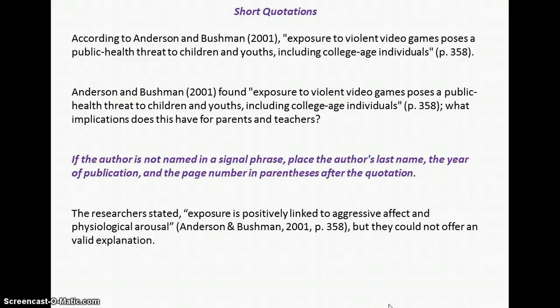Okay, short quotations. The first way we use sources in our essays is in short quotations, as I showed with the very first one. This is word for word, these words right here. If you go back to page 358, you will find that Anderson and Bushman actually stated this. So this is how I would set up the citation according to Anderson and Bushman.